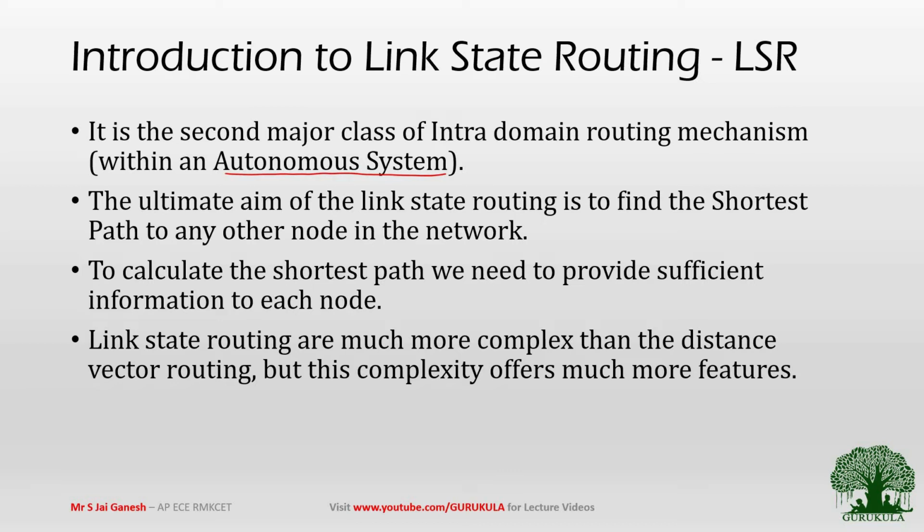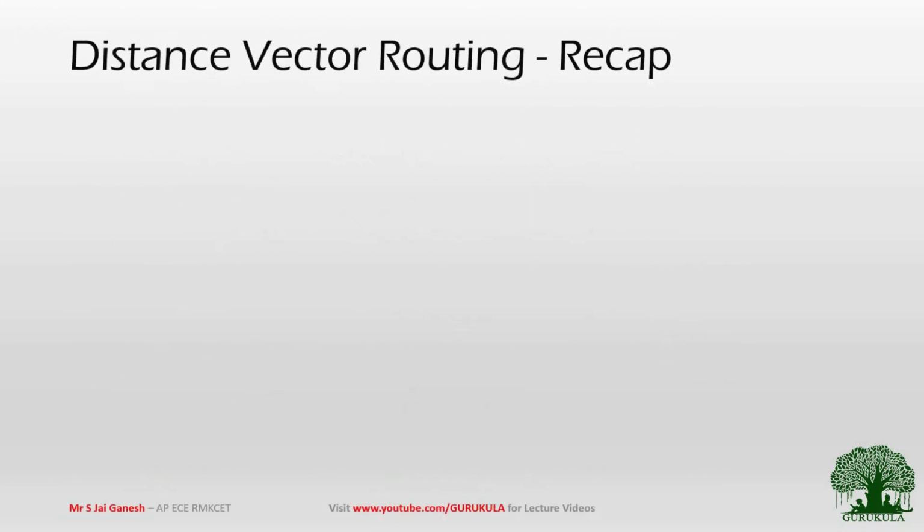Link state routing is much more complex than distance vector routing, but this complexity comes with many more features. For example, the distance vector routing algorithm will take longer to converge, whereas the link state algorithm converges at a much faster rate.